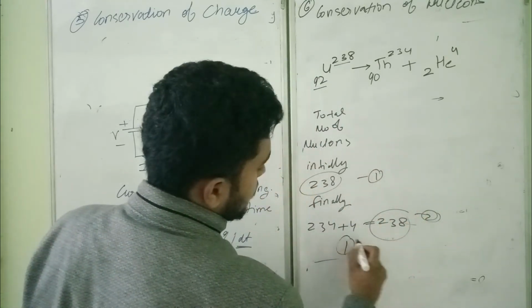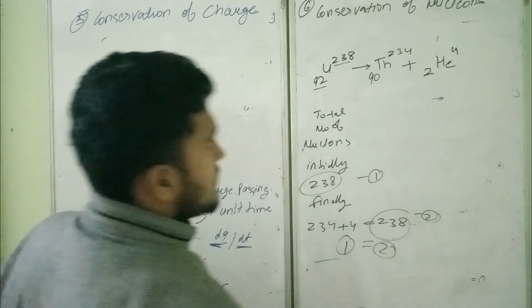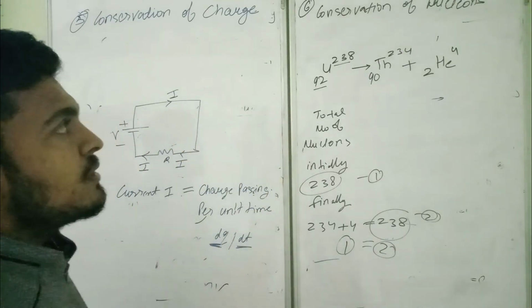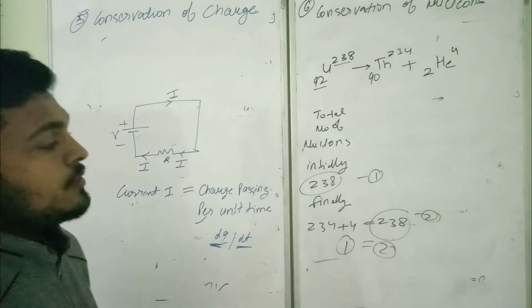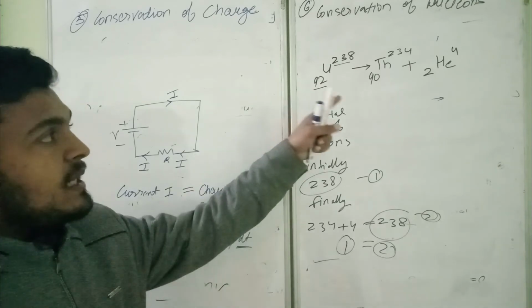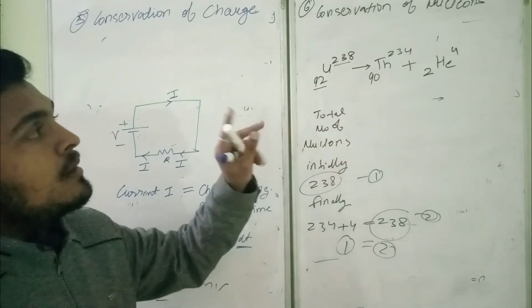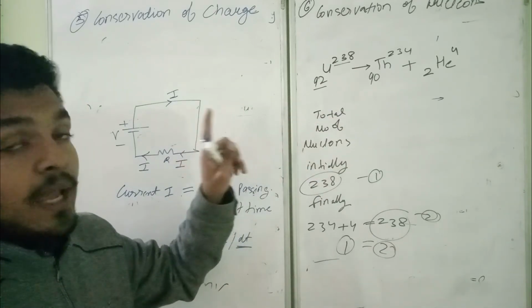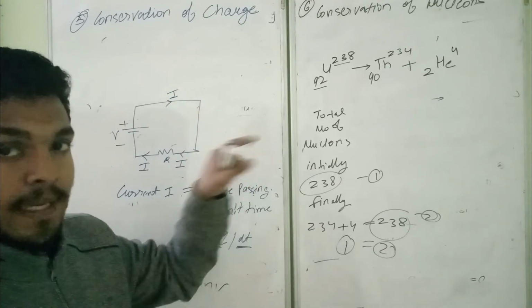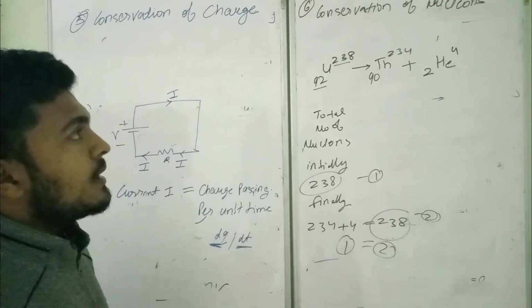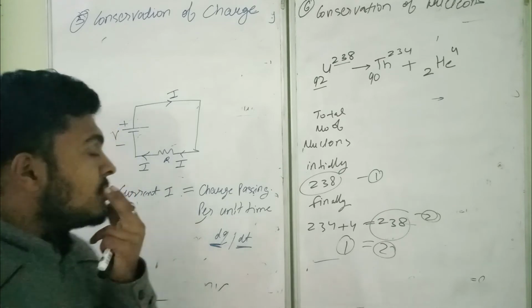So 1 is equal to 2. This means the total number of nucleons before and after this decay has been conserved during this decay. This is the law of conservation of nucleons.